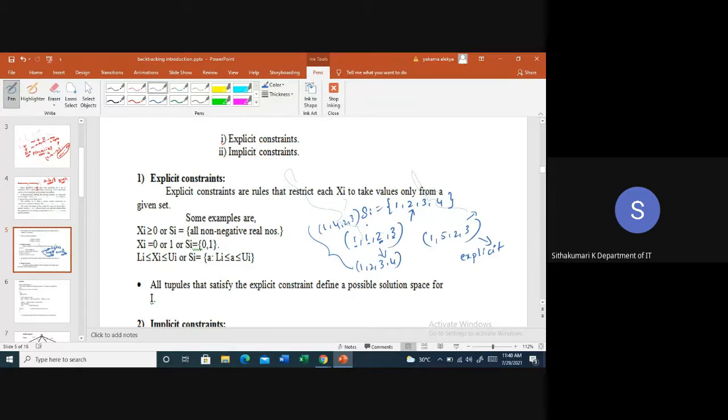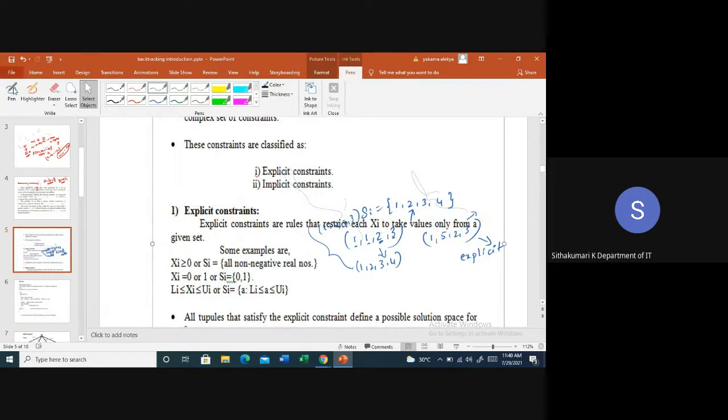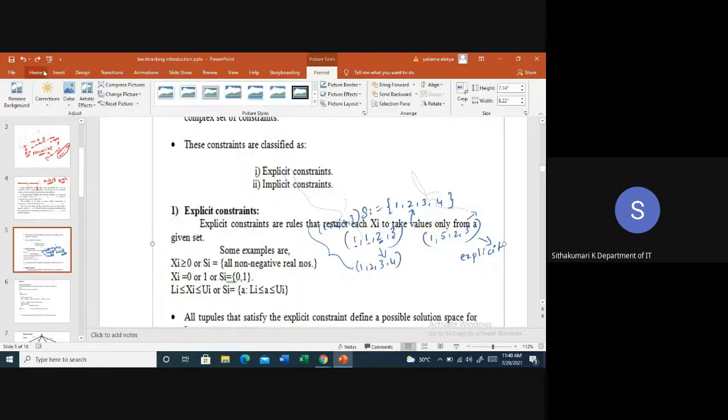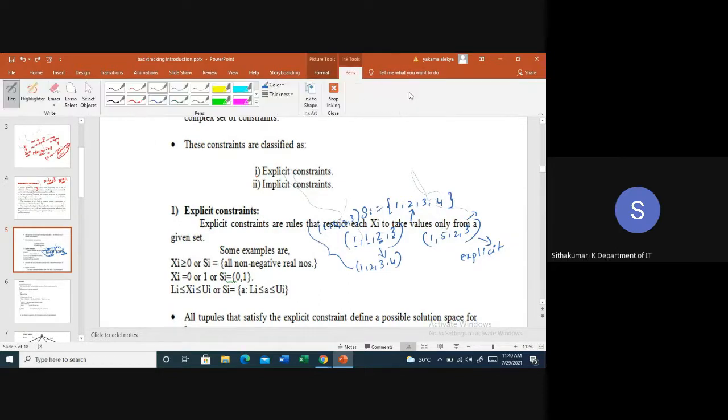Now coming to the implicit constraints. They are the rules that determine which of the tuples in the solution space of I satisfy the criteria function. Once you define the solution space, you get all the tuples which satisfy the explicit constraint.